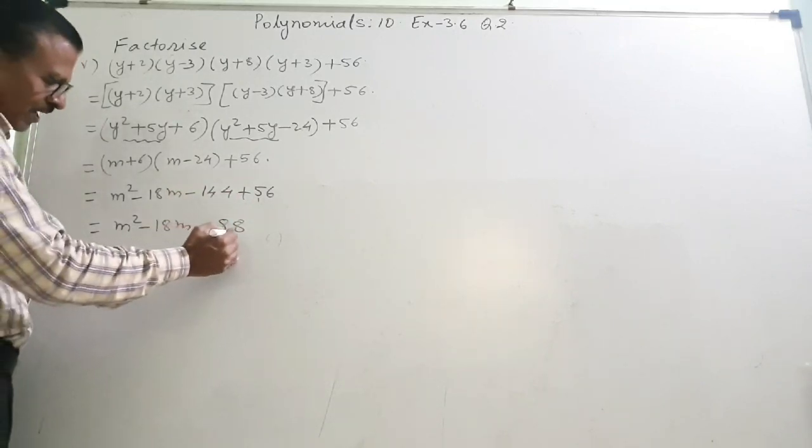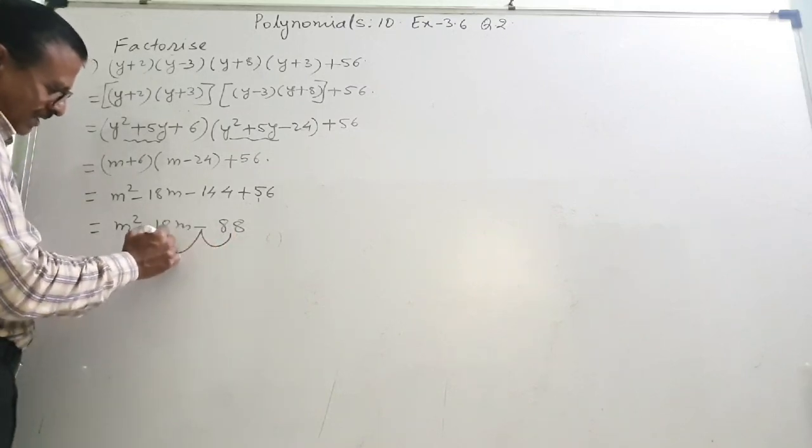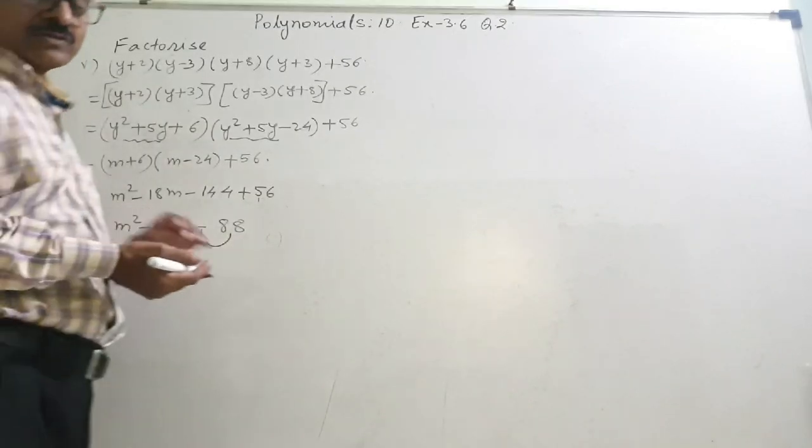So find the factors of 88 such that their subtraction is minus 18. This is the way we have to solve.